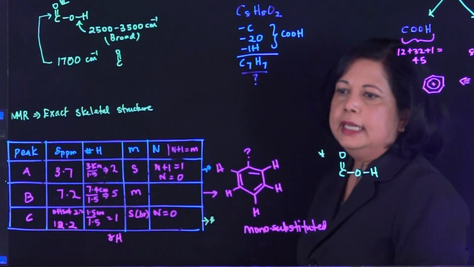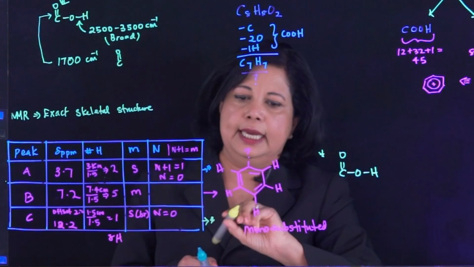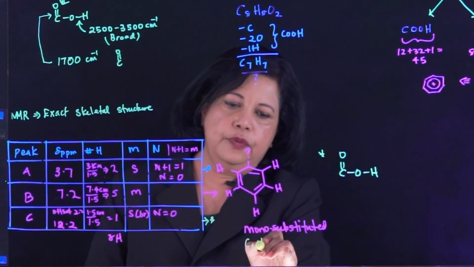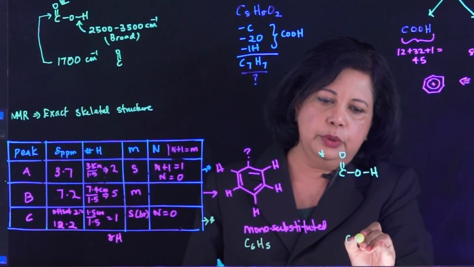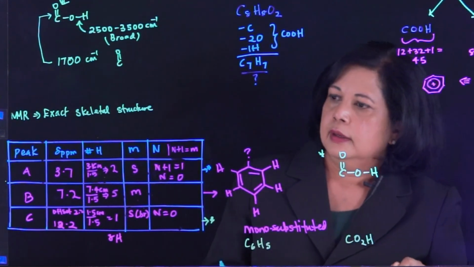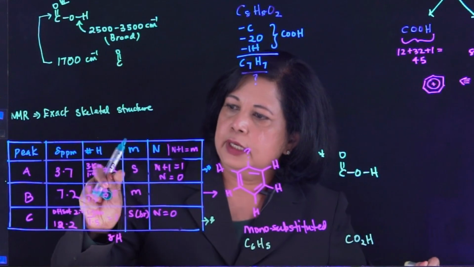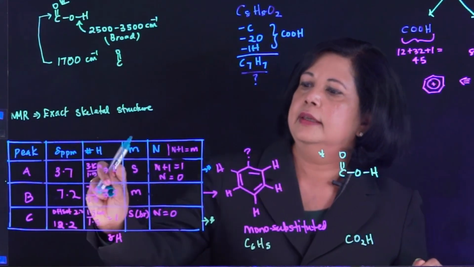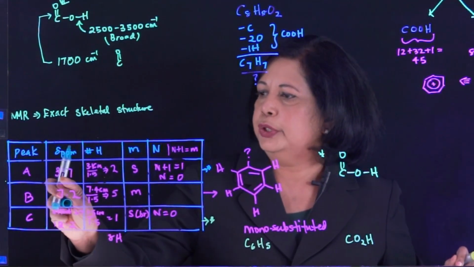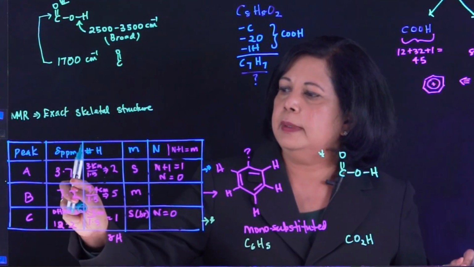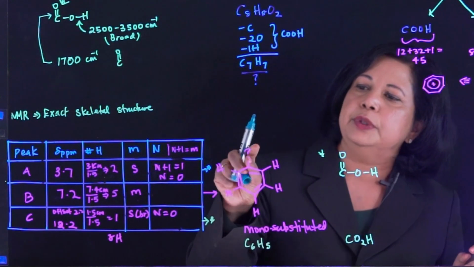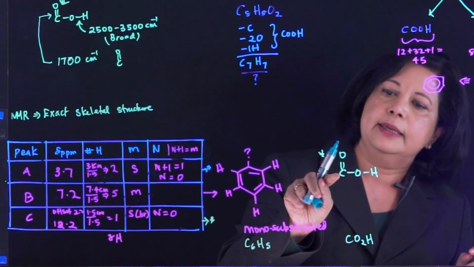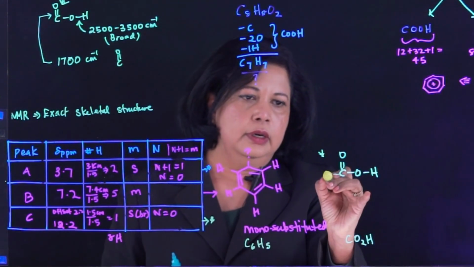Well, let's see what's left. We have a benzene, and that is going to be C6H5. We have a carboxylic acid, and that is a CO2H. And here is a singlet with 2 hydrogens. And obviously, this is at 3.7. Therefore, it's probably in a very deshielded environment. We have to put something here and something here.